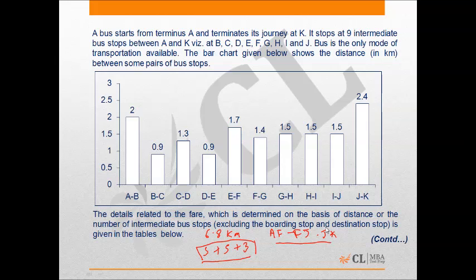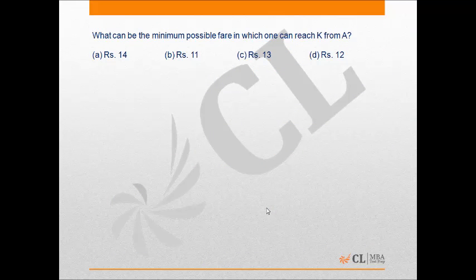Like we can go from A to D, and then from D to I, and then finally from I to K, and still our fare would remain rupees 13. So rupees 13 is the minimum fare that one has to pay for traveling from A to K. So option C is the correct answer.